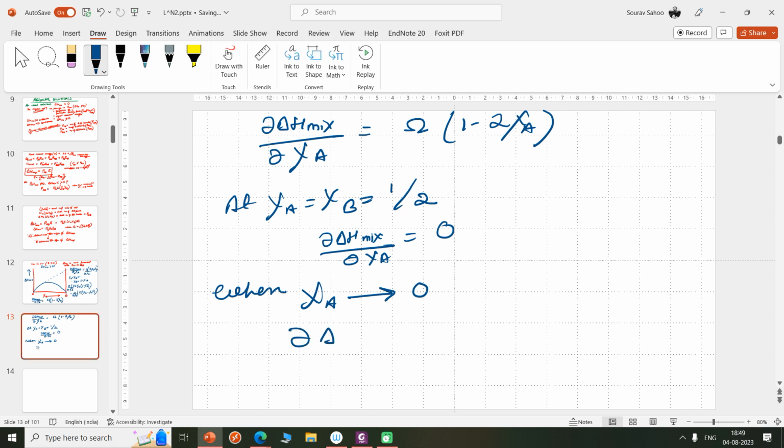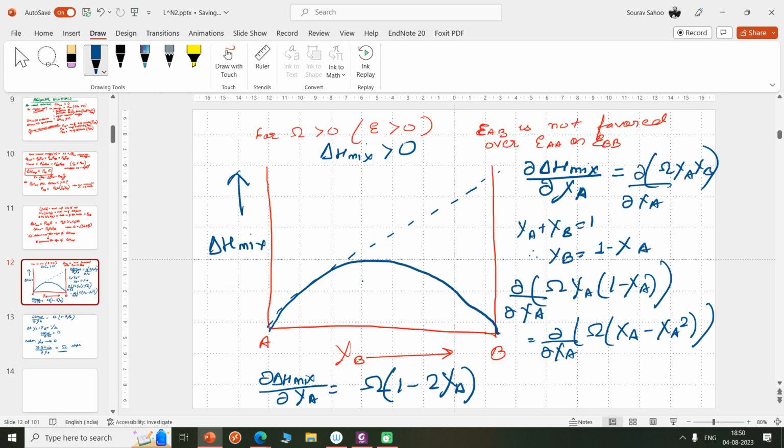my slope, right? This is nothing but the slope in that plot, which is omega. So if we take the very starting point where chi A is very small, chi tends to 0, then the slope will be omega, right?